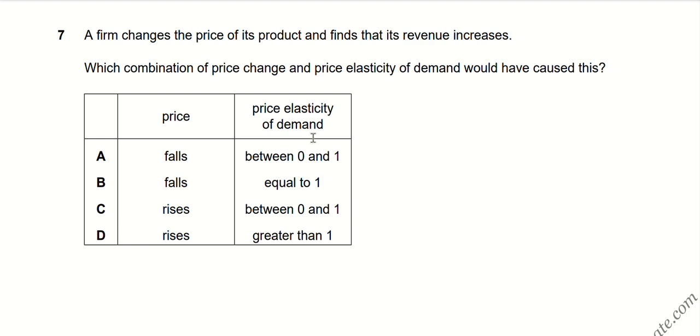So it has to be an elastic price elasticity of demand. So it can either be option A or option C. And since its revenue increases, the price of the good will increase, because if the price increases, then the profit will increase, hence the revenue increases.